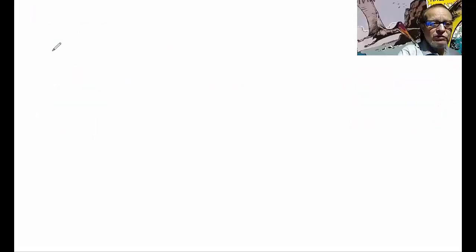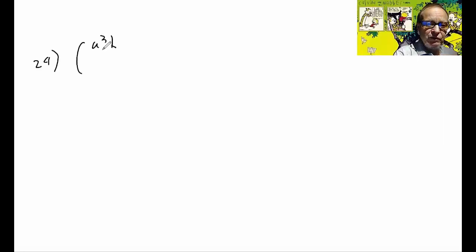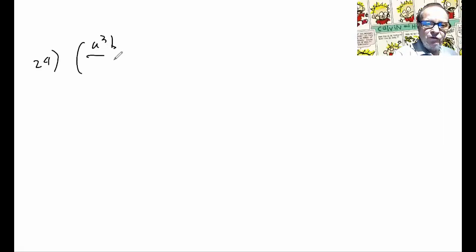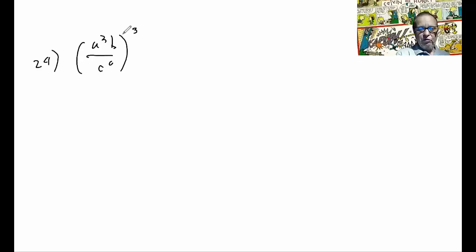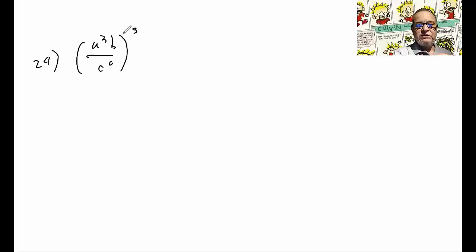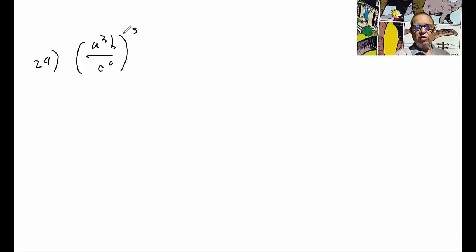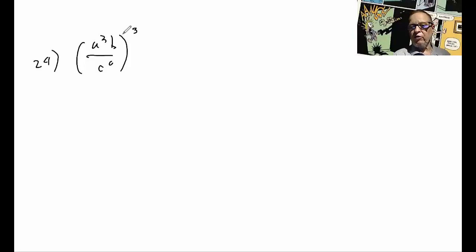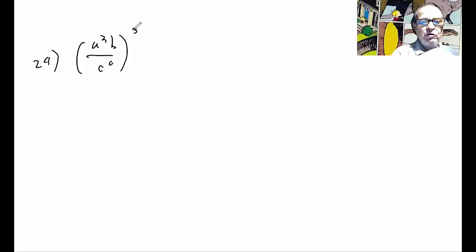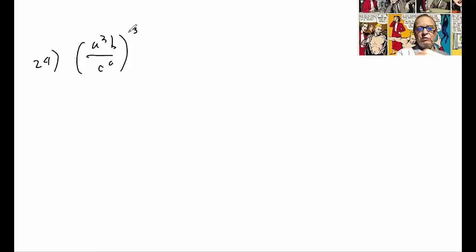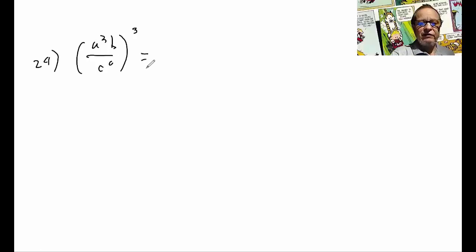So in number 24, we have a cubed b over c to the sixth, all to the 3. So we see that all of these bases are different. So the only thing we really have to do here is apply the power rule. And that means we're going to take this 3 and multiply it by everything that's inside there, like this.